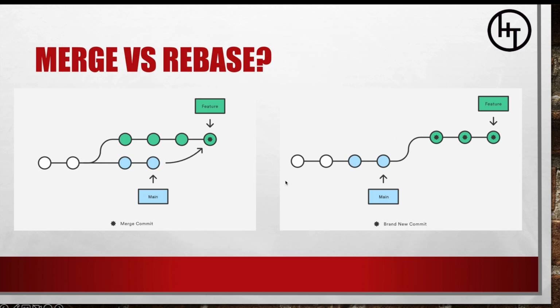That's how merge is different from rebase. It has its pros and cons. You can go and read the documentation. I added a link for the pros and cons, and you can go through it. Some people prefer rebase, some people prefer merge. You can use either of them. We'll talk about the commands, so you can go through and choose whichever you like.